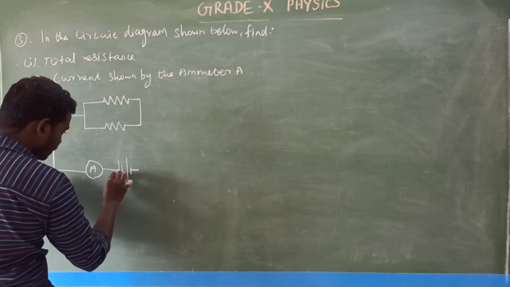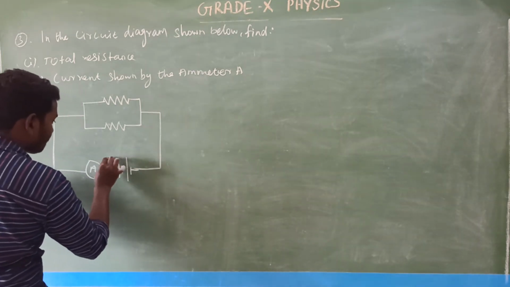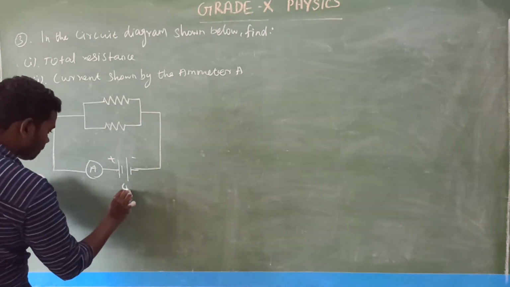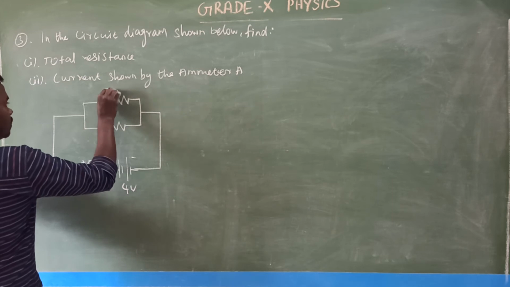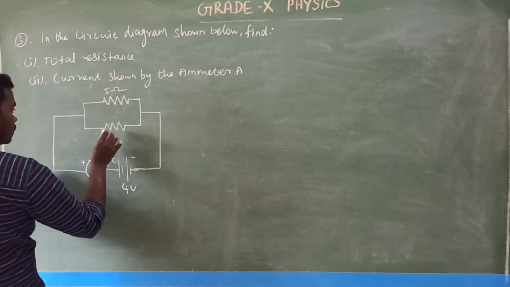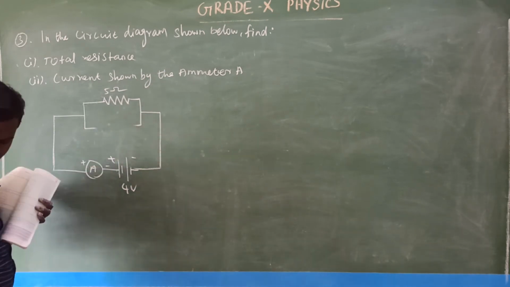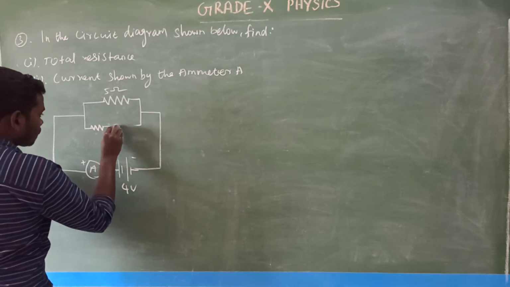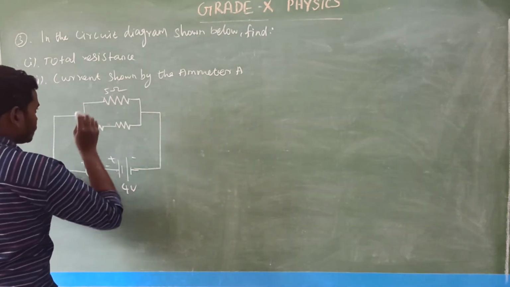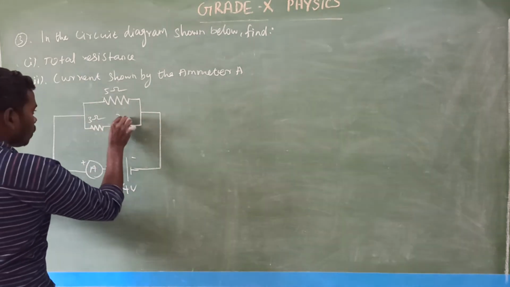So the battery is here. The battery potential difference value is 4 volt. Here the resistors: one is 5 ohm, and there are 2 more resistors, this is a 3 ohm and this is a 2 ohm.